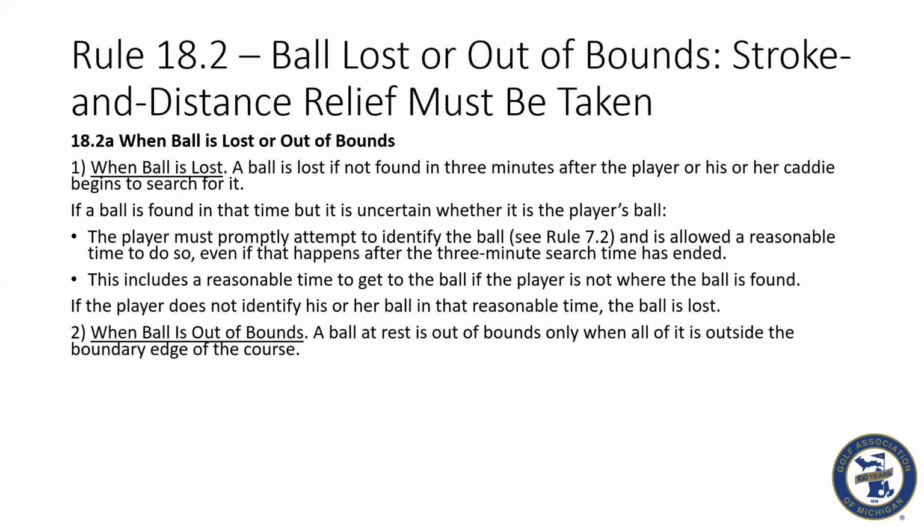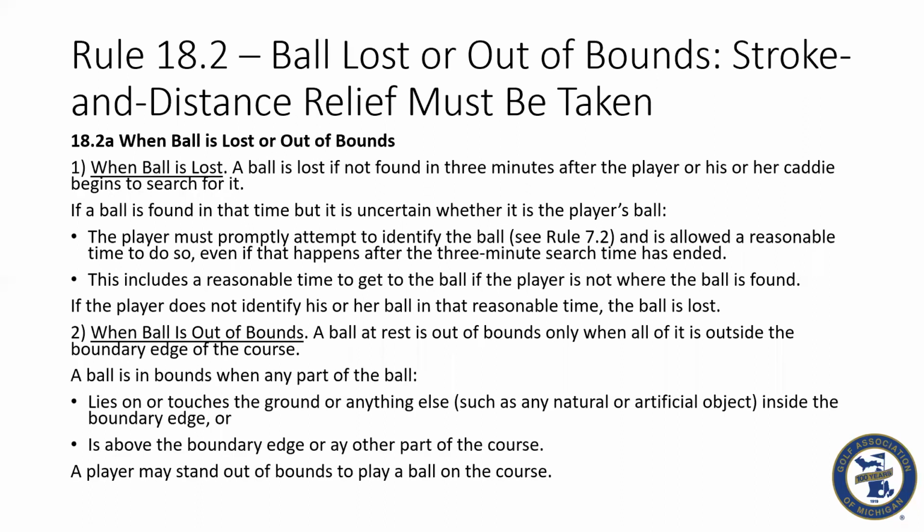And if the player does not identify his or her ball in that reasonable time, the ball is lost. There's a picture in the book, on page 157, that I'm sure everyone has seen, about whether the ball is in or out. Basically, if any part of it is touching the course, the ball is inbounds. That hasn't changed. And again, we have that one situation in the second half of the picture where the ball is completely on the line. We don't use a ton of lines for out of bounds. We'll use mostly stakes. Some courses use lines depending on what the boundary looks like.